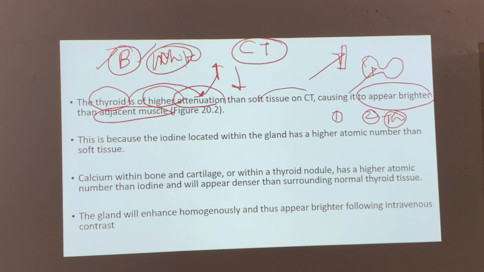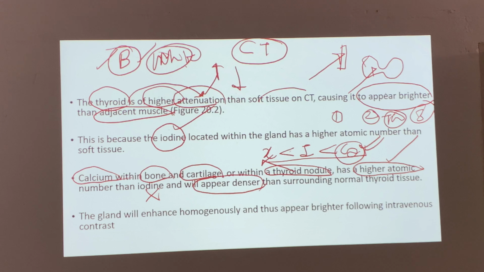Calcium within the bone and the cartilage, or within the thyroid nodule, if there are any calcifications, as we understand in malignancy, has a higher atomic number than iodine and appears denser than the surrounding normal thyroid tissue. So muscle is less than thyroid, which is less than calcified thyroid, which is less than bone.